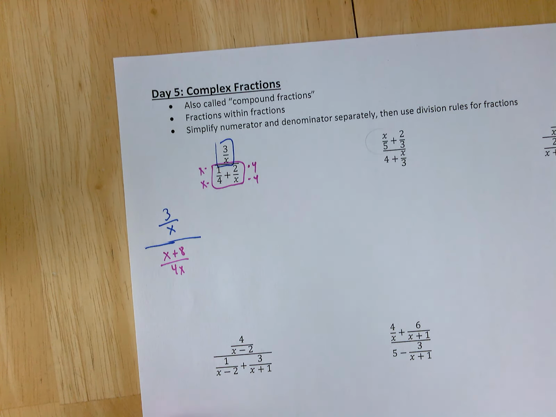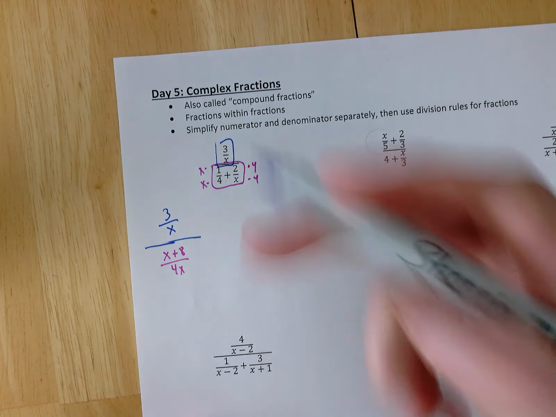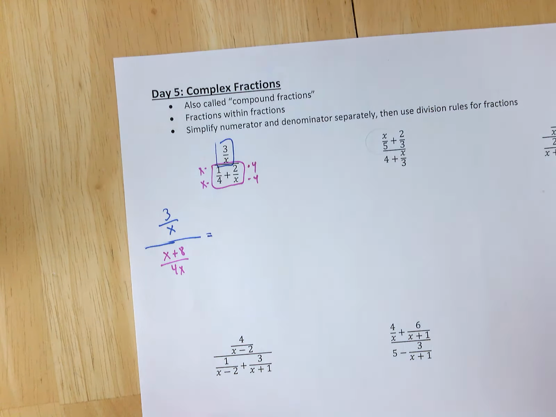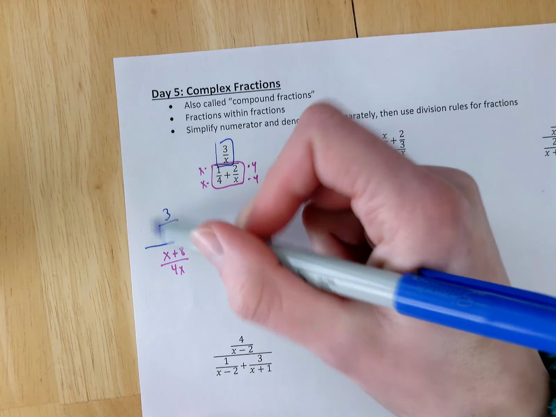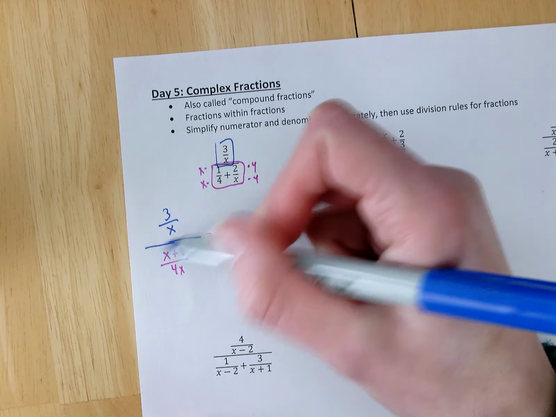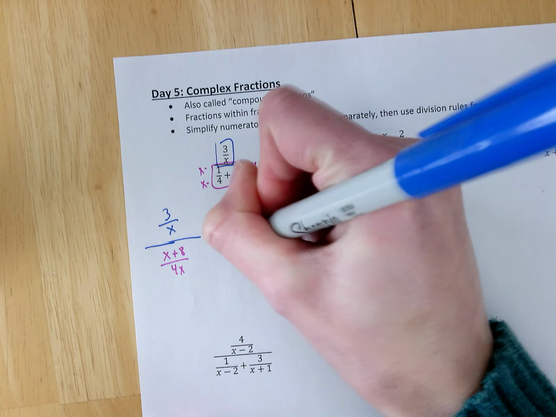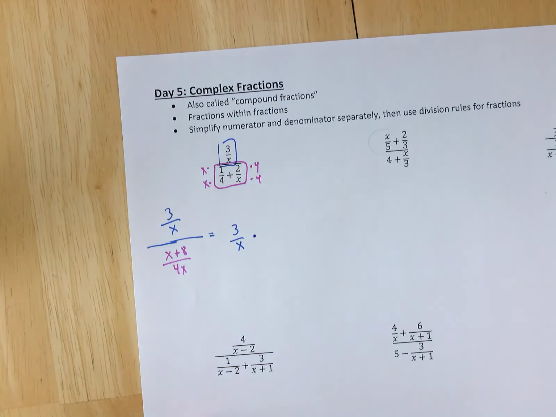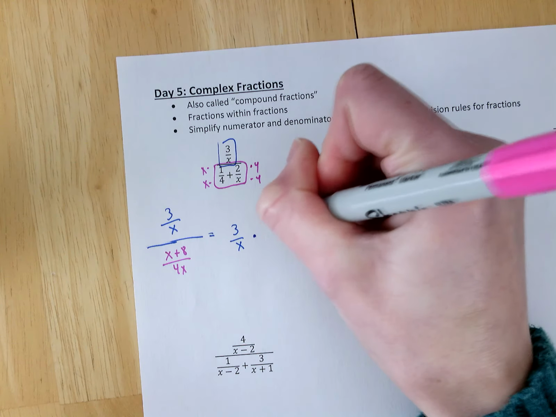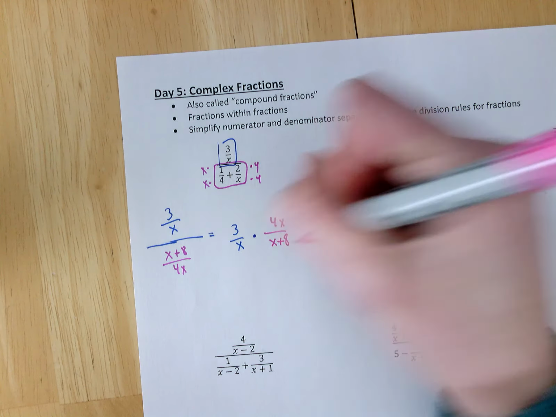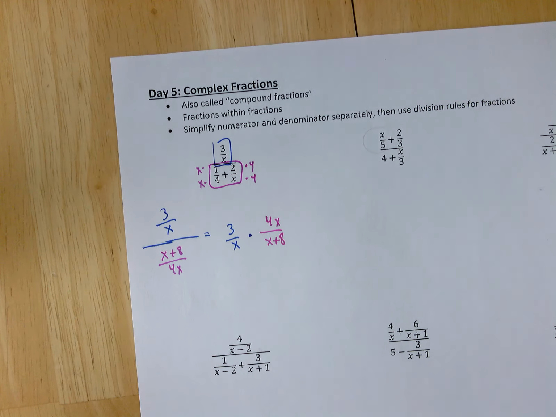And then once you've figured that part out, remember that fractions are just division, right? All that a fraction is saying is take this thing up here and divide it by that thing down there. Well, how do we divide fractions? You leave the first one the same, you change it to multiplication, and then you flip the second one. And now from here, you guys have been working on this.